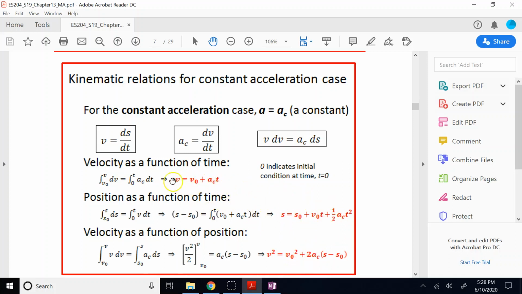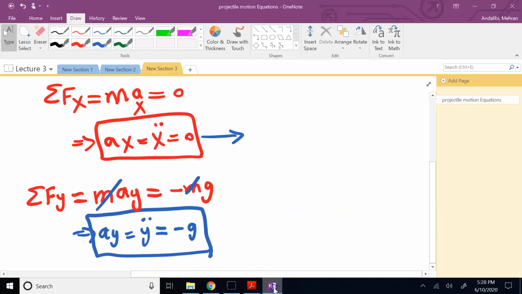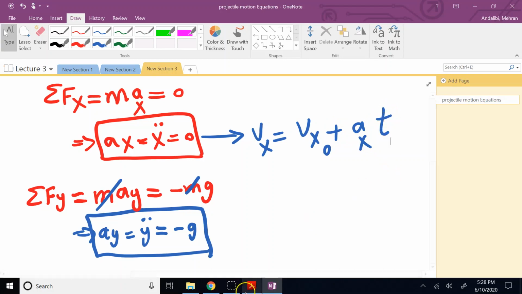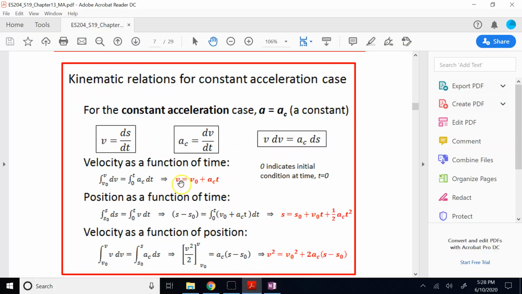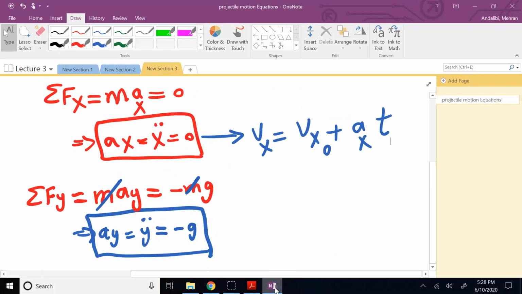So first let's write this velocity versus time equation for the x direction. If I write it, what do I get? Vx at any time point is Vx at time 0 plus Ax times t. So again, I'm writing this velocity time equation in the x direction. Now, Ax clearly is 0.